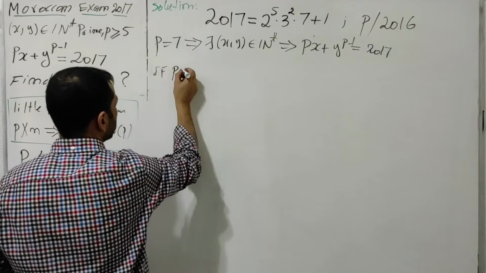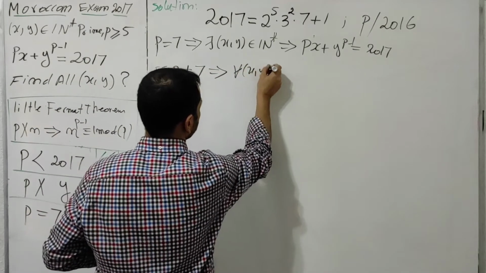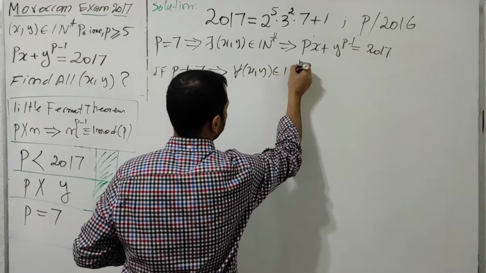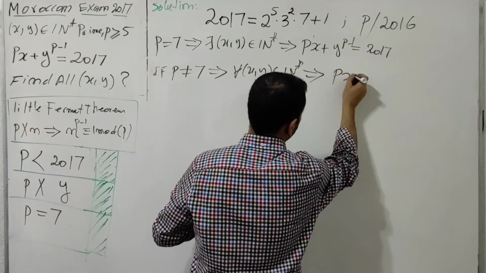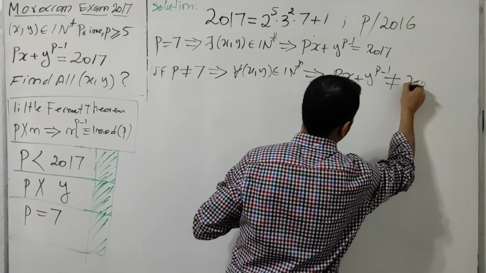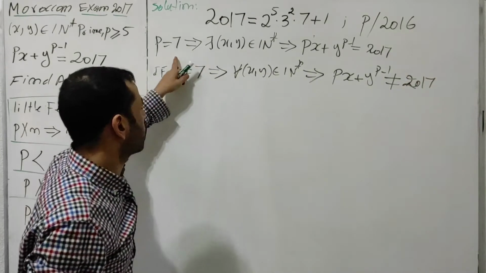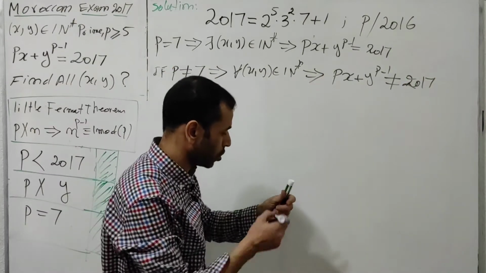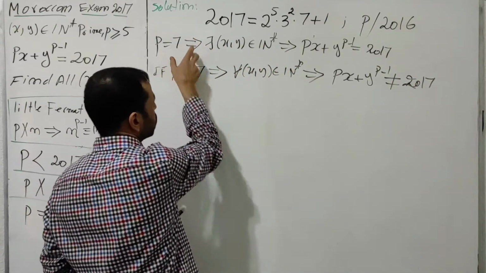But if p is not equal to 7, for all positive integers x, y, p multiplied by x plus y^(p-1) is not equal to 2017, because this is a specific value. Now we are going to solve this equation based on this condition.